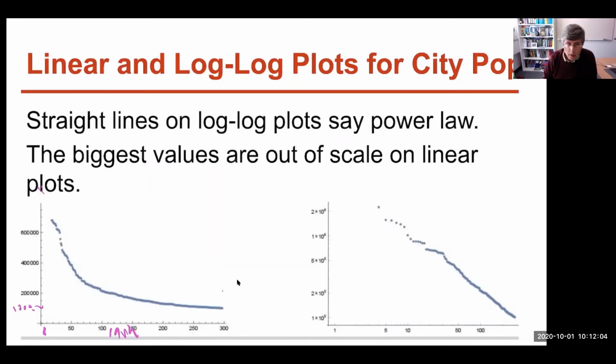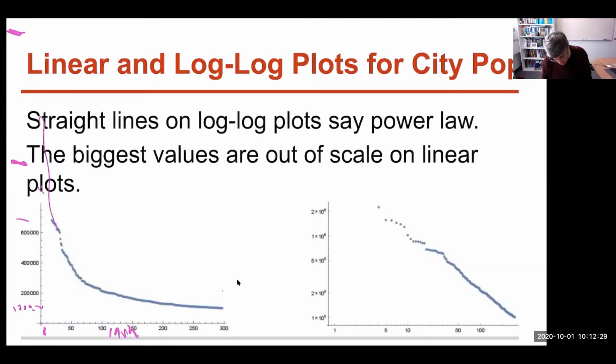This axis goes up to 600,000. Where is Manhattan? This is 1 million. This is 2 million. This is 3 million. Does everybody see that New York City is way off this plot? In fact, you end up having a curve that kind of goes like that.